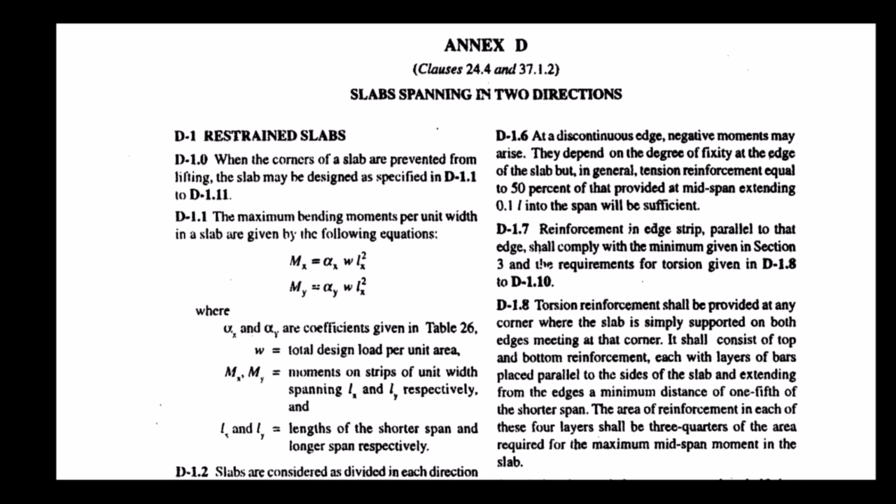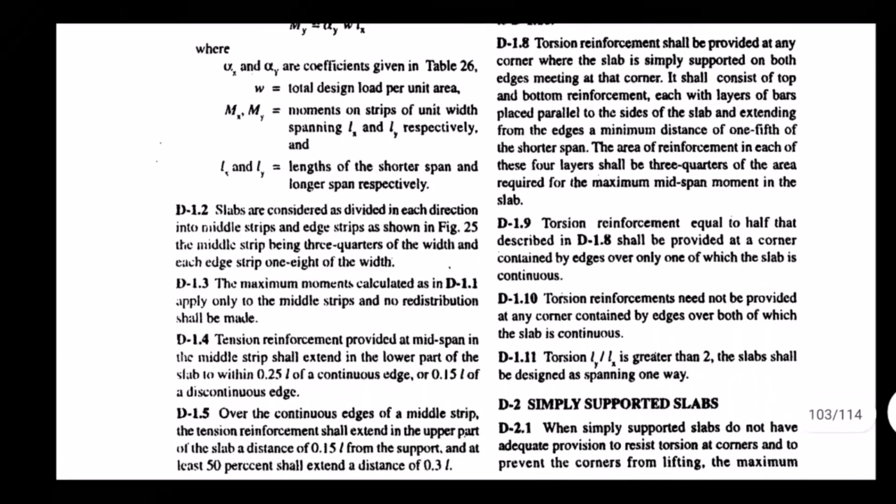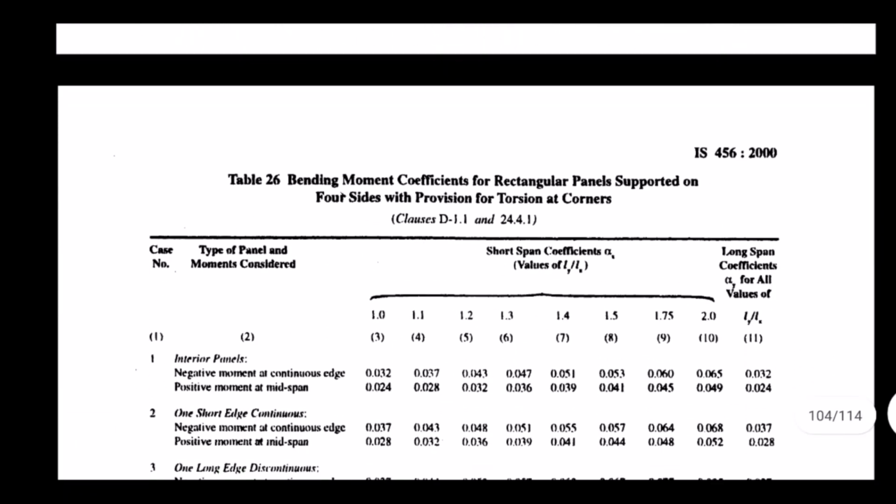So the formula for moment in the shorter span Mx is alpha x w Lx square, and for the longer span My is alpha y w Lx square. Let's check Table number 26.